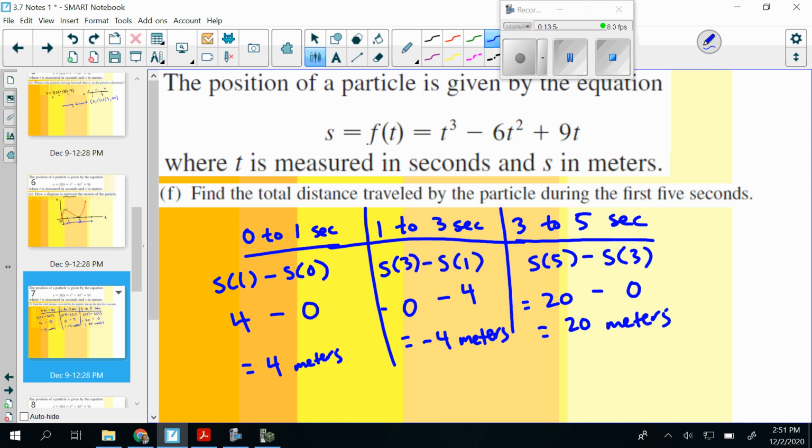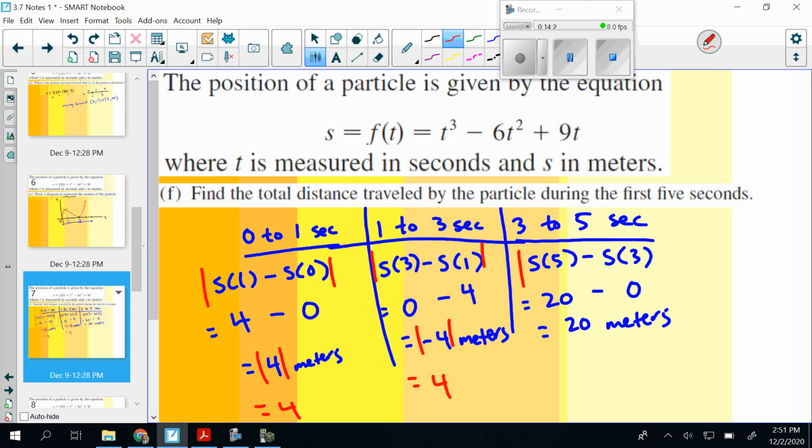So how far has it traveled total? Well, what we want to do now is take the positive direction of all these and see what they are. So we want to add together basically the absolute value of all these. What's the absolute value of this, which would be 4. What's the absolute value of this, which would also be 4.